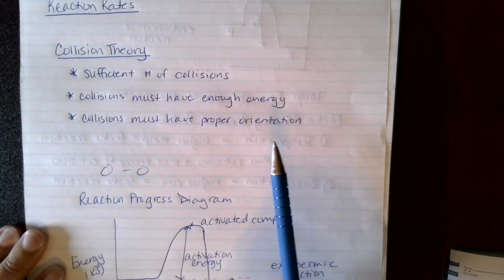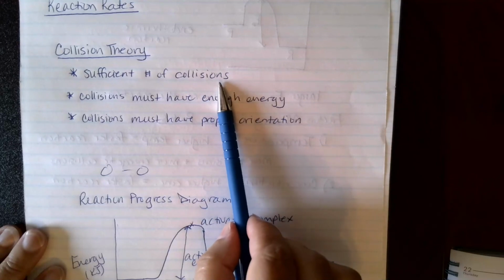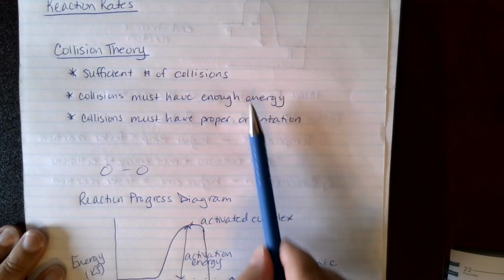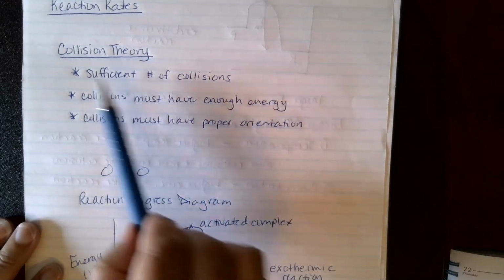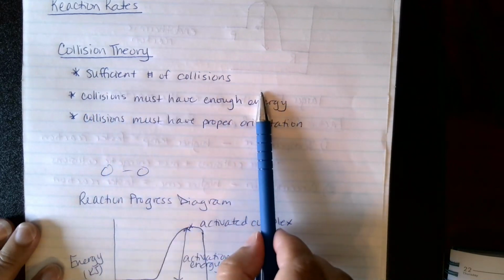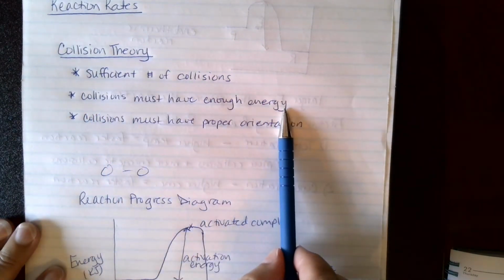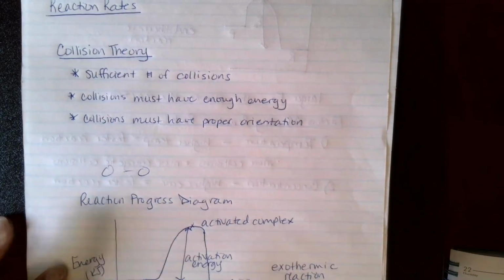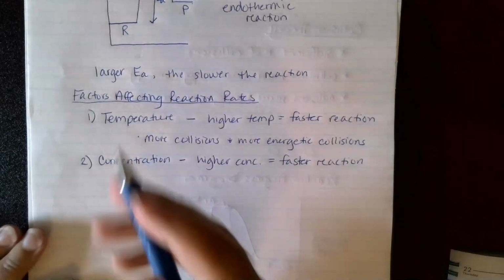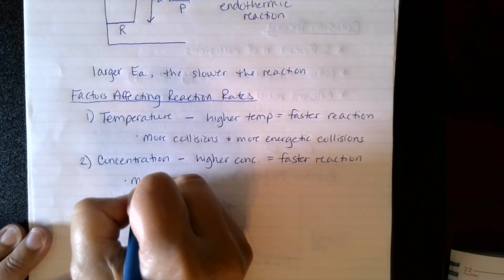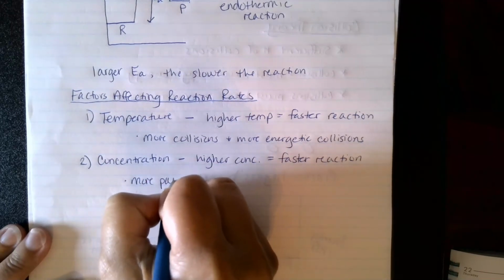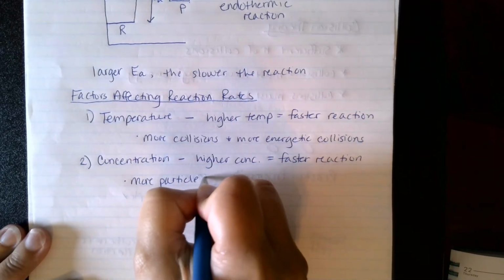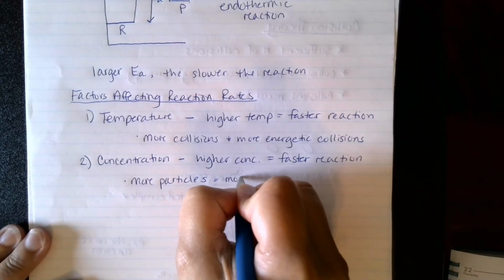So by overkilling on our number of collisions, we can hopefully reach these other two criteria. So just overload on the collisions. Hopefully some of those have more energy and some of them have the right orientation. So because we have more particles, we're going to have more collisions.